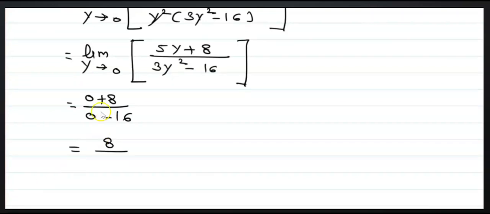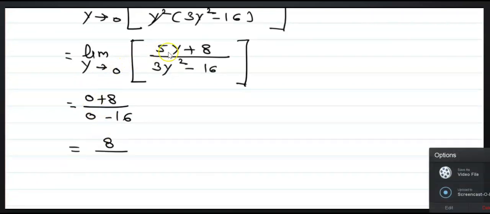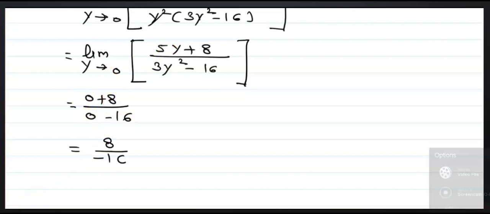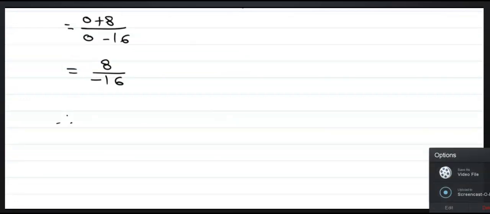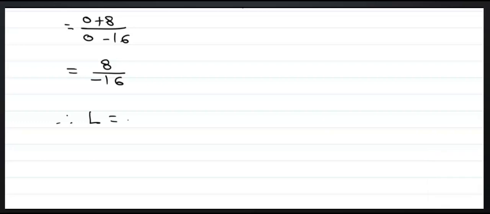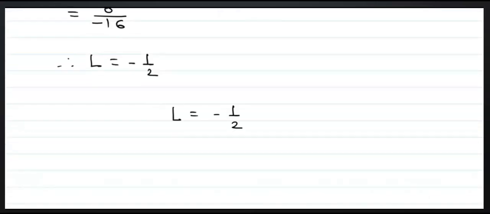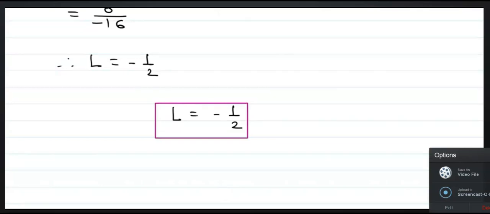If you substitute y is equal to 0, then 0 plus 8 upon 0 minus 16, that is 8 upon minus 16, which is nothing but minus 1 upon 2. Therefore, the limit of the given function is minus 1 upon 2. Therefore, these examples are very easy questions if you know the trick of the example.